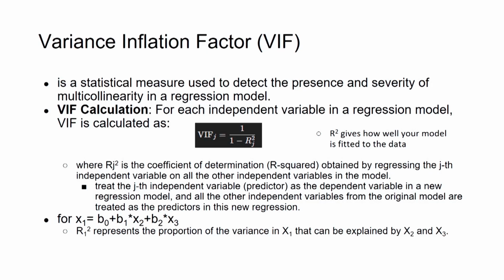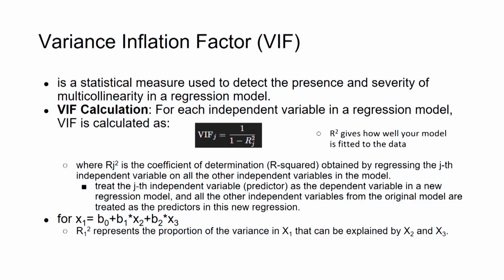We can do this for all independent variables. In this way we can find R1 square, R2 square up to Rn square if there are n independent variables.